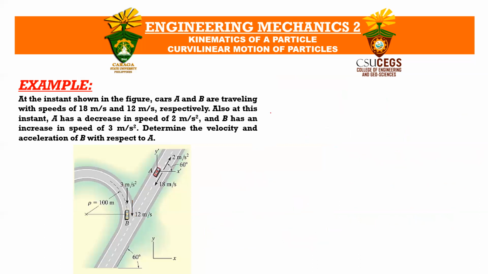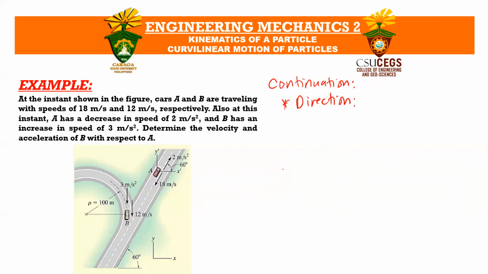For the direction, if we illustrate the solved vector form of your velocity of b with respect to a, both of the components are positive.